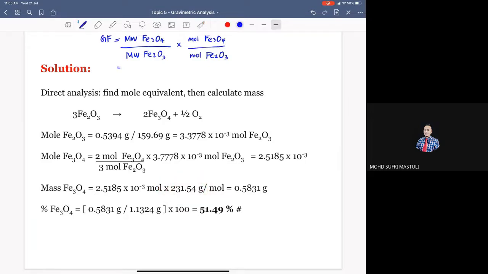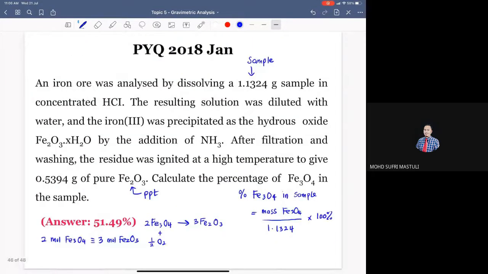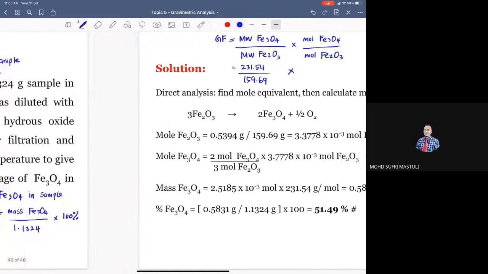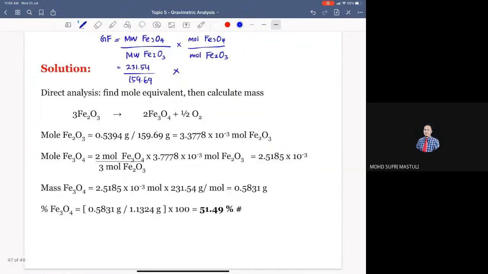So 231.84 is the molecular weight of Fe3O4, and 159.69 is the molecular weight of Fe2O3, times the mole ratio, 2 mole of Fe3O4 over 3 mole of Fe2O3, so 2 over 3.